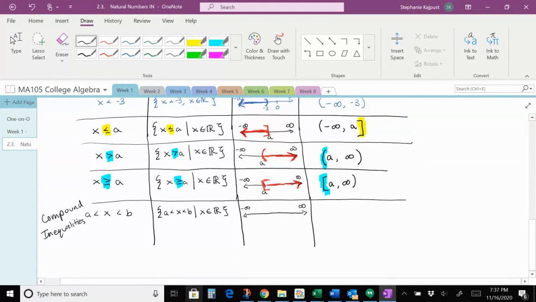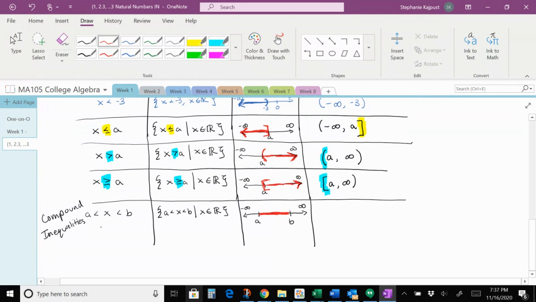So we always write compound inequalities with the smallest number on the left and the largest number on the right, so that x is between, and we go from left to right, small to big. So that means a is on the left, b is on the right. So our inequality here is indicating that x is in between these two numbers, so that's where our shading is. Our answer is in between these two endpoints.